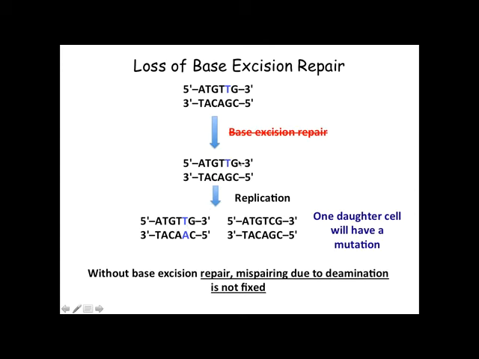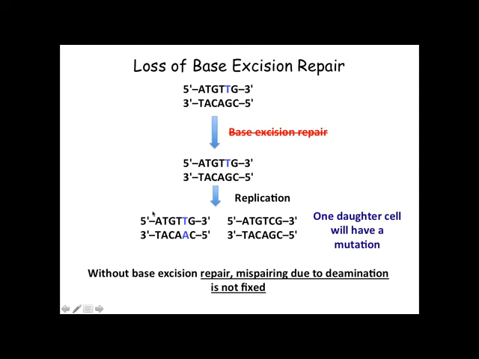Remember, during replication, both strands act as a template. So the top strand, when this acts as a template, an adenine is going to be placed in the complementary resulting daughter strand.